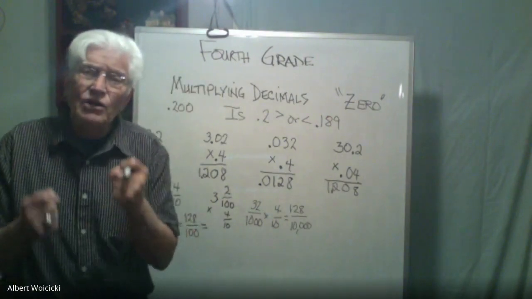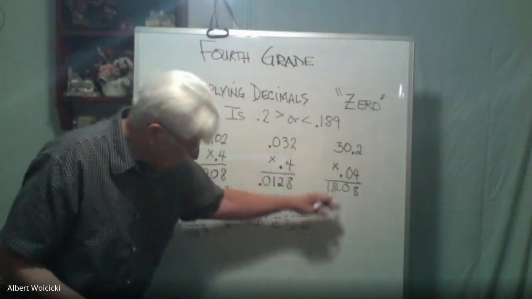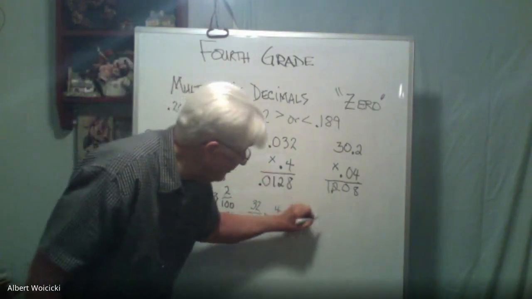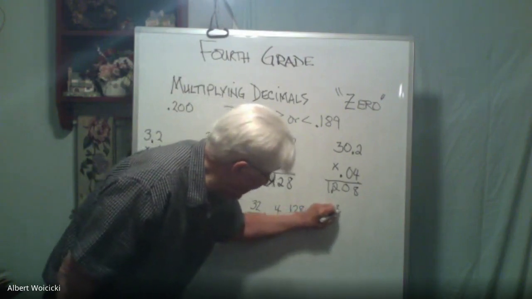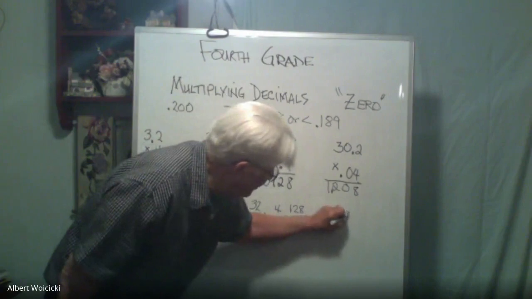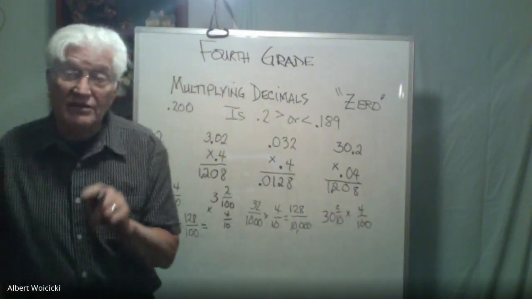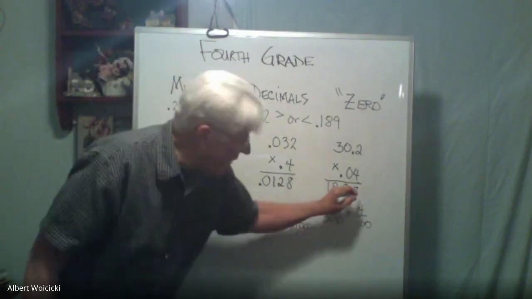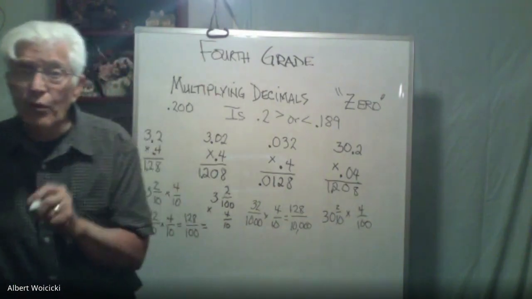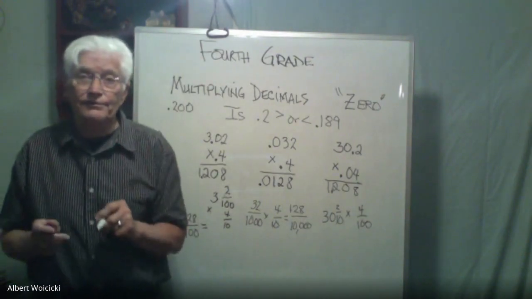But again, show them how the decimals turned into fractions, because this is 30 2/10 times 4/100. The tenths times hundredths gives you thousandths. And that's why your decimal goes where it does in the answer.